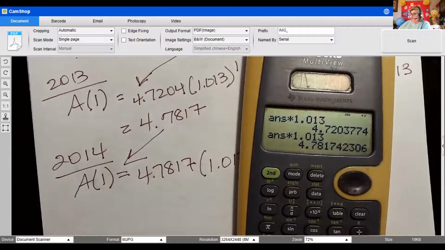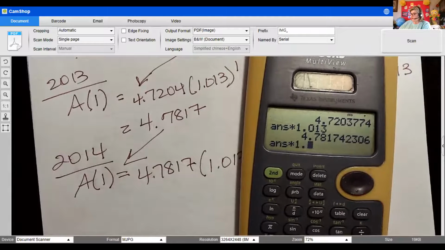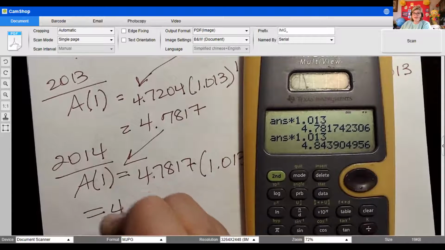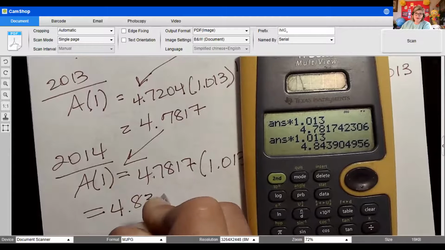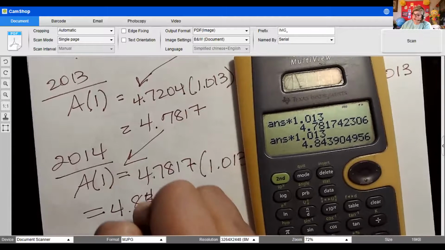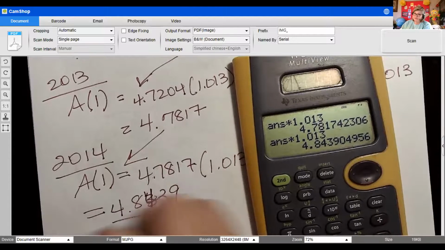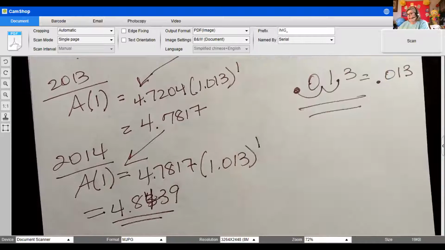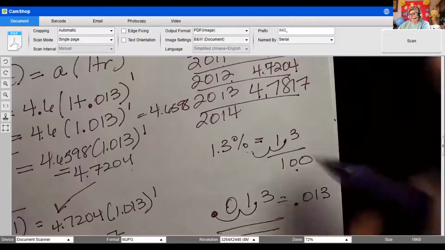Bringing it down from my calculator again, 1.013. And that gives us a population in 2014 of 4.8439. So 4.8439. And we can put that here.